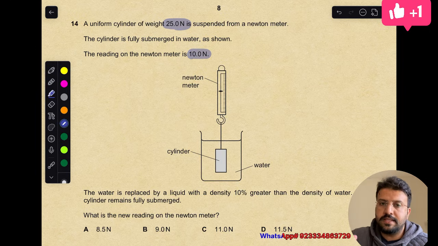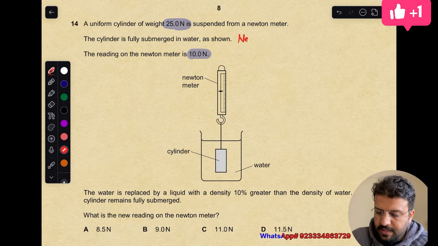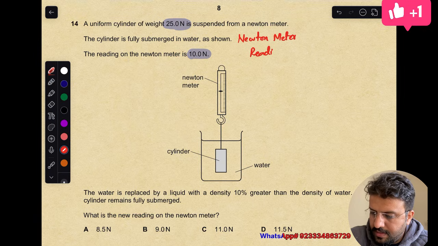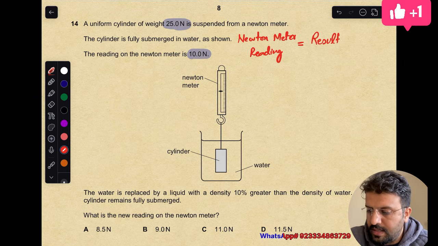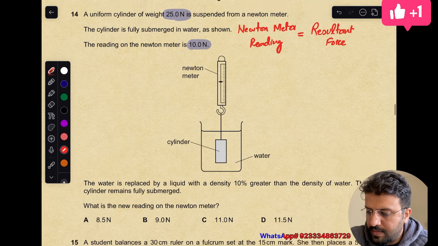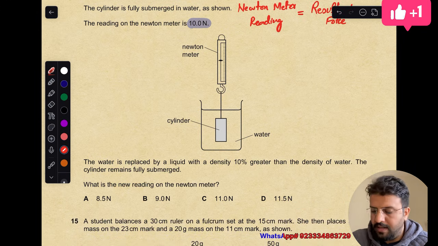Why? Because it is submerged in the liquid. But you have to keep in mind, and you can take note of it: the Newton meter reading is always, in all cases, equal to the resultant force.